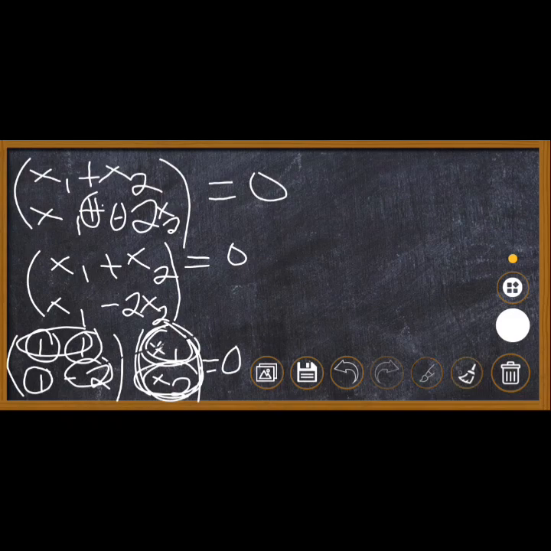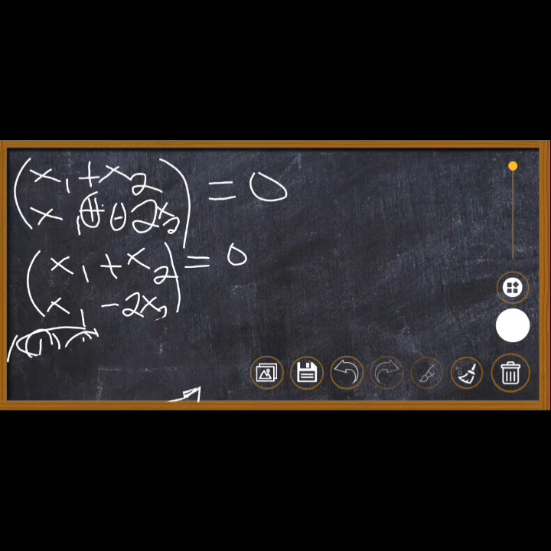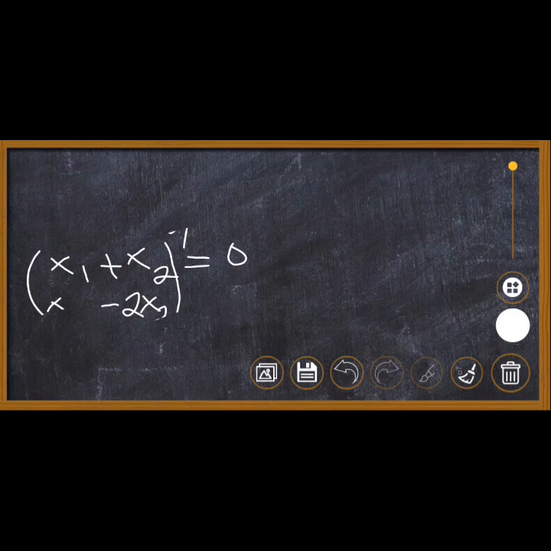Let's try to rub here so that we have enough space to simplify this as much further as we can.